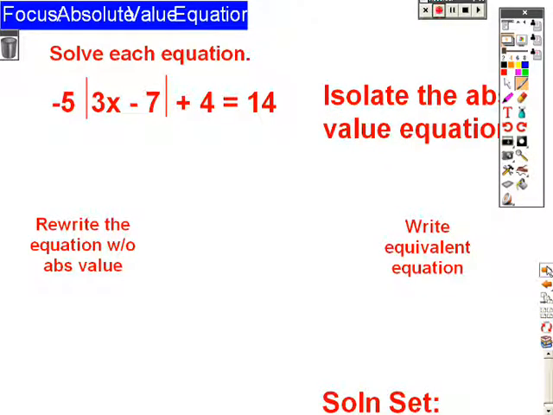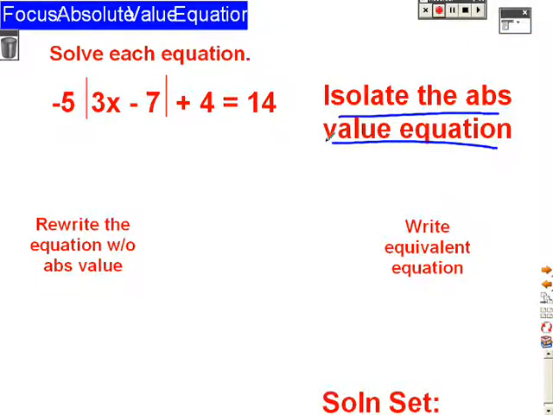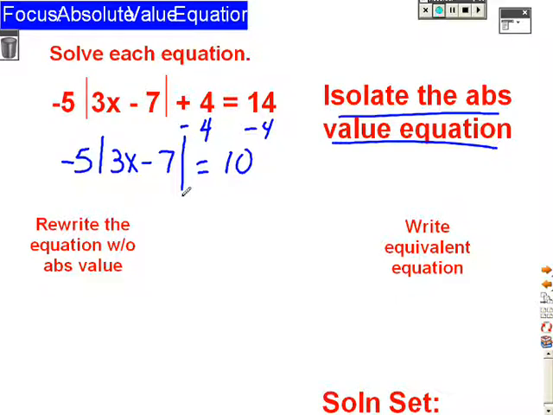This is the same type of thing. Let's look at it one more time. Got a negative 5 times the absolute value of 3x minus 7 plus 4 equals 14. I have to isolate the absolute value equation. I do that by subtracting 4 on both sides. I've got negative 5 times the absolute value of 3x minus 7 equals 10. Divide by the number attached to the absolute value of 3x minus 7, which in this case is negative 5.